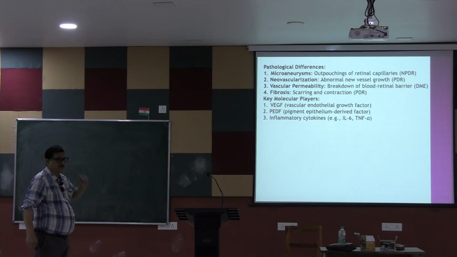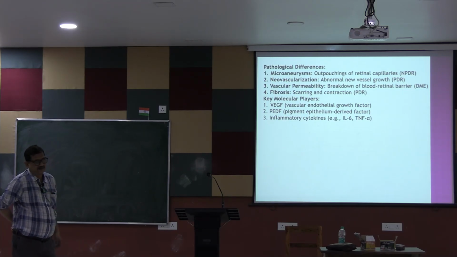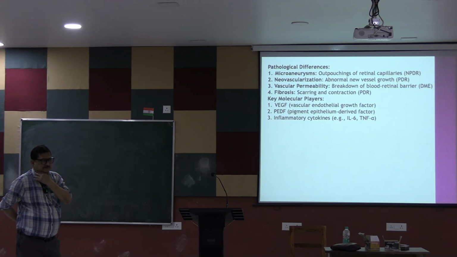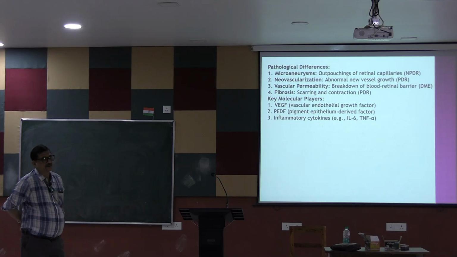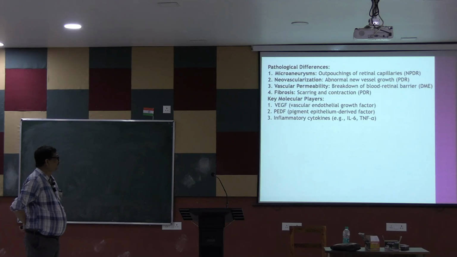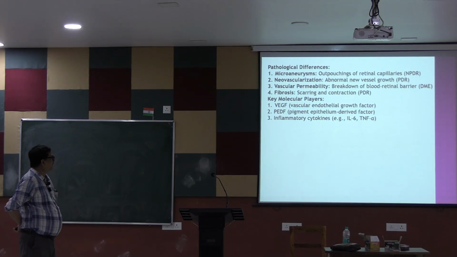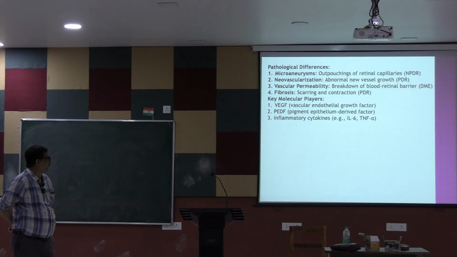This part I want to mention because if you have to prepare for MCQs, this is a very important class. What is the basic difference? Microaneurysms are features of NPDR. Neovascularization is the feature of proliferative diabetic retinopathy.